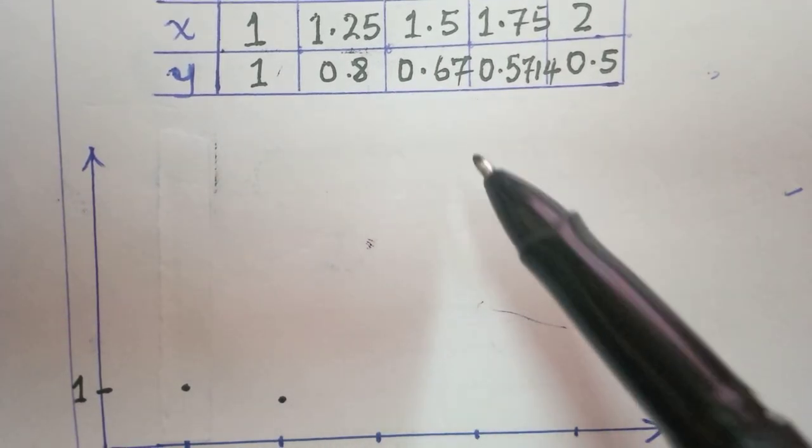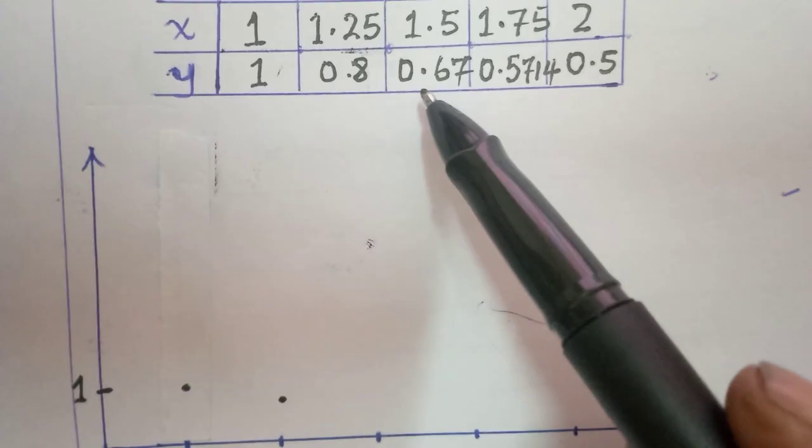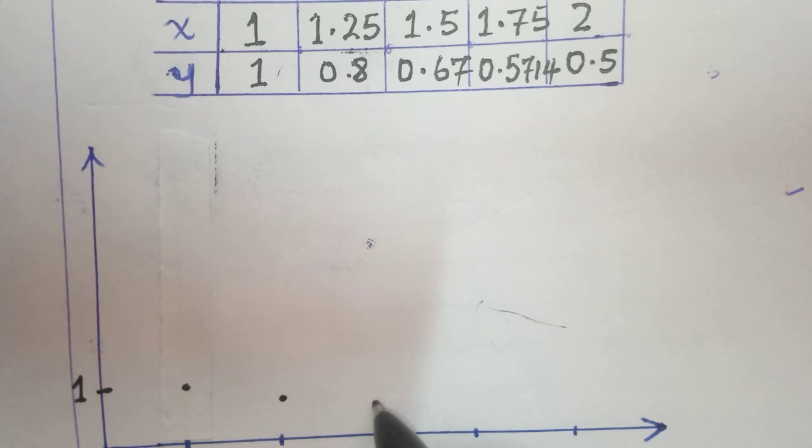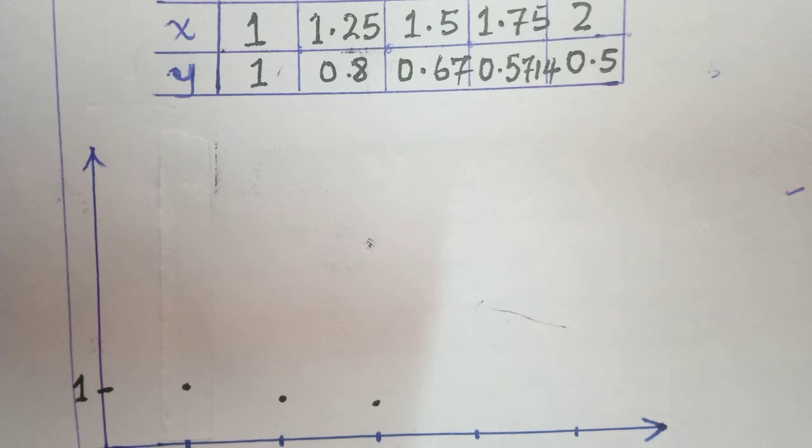The next one is 1.5, where we have 0.67, which will still be somewhere like here. We continue to 1.75, which is still down here, at 0.5714, somewhere there.